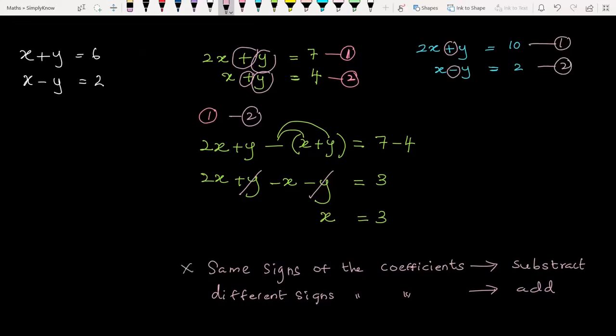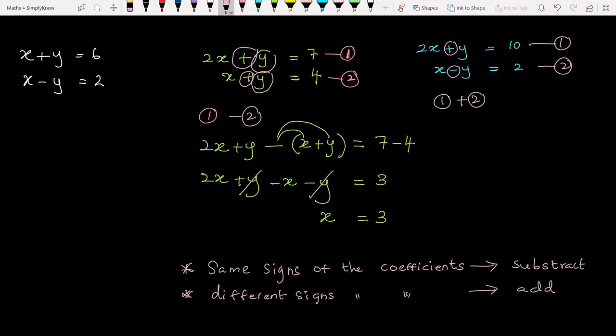So remember this point. If we find same signs of the coefficients, we need to subtract. And if we find different signs of the coefficients, we need to add the two equations. So in the third pair of simultaneous equations, we need to add 1 and 2 in order to eliminate y.